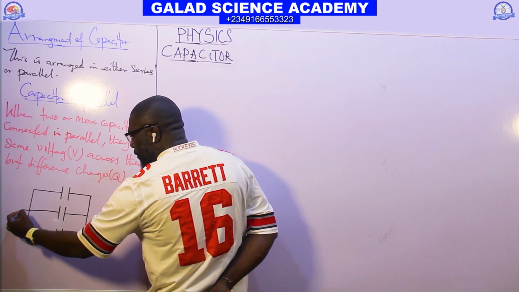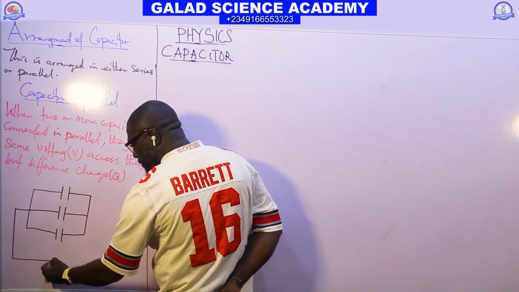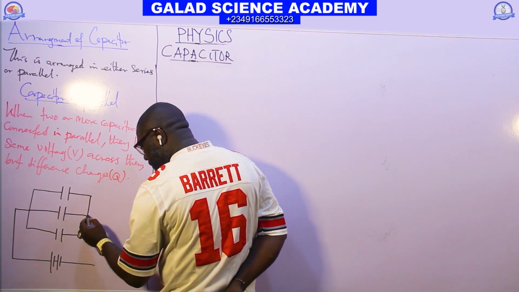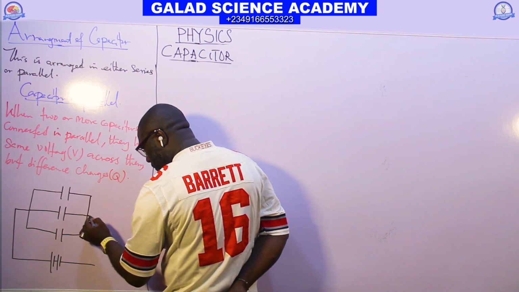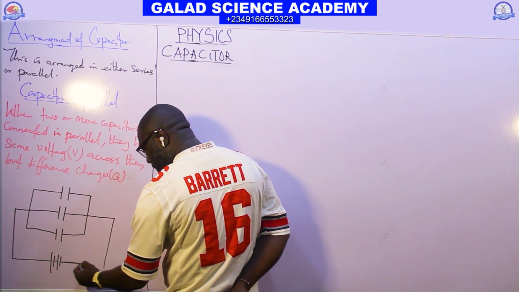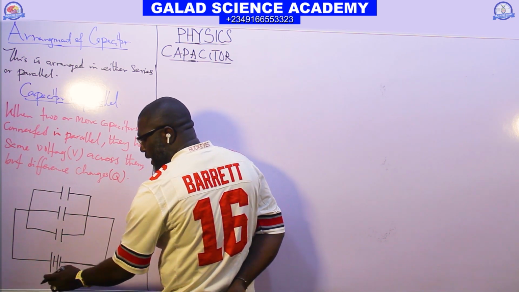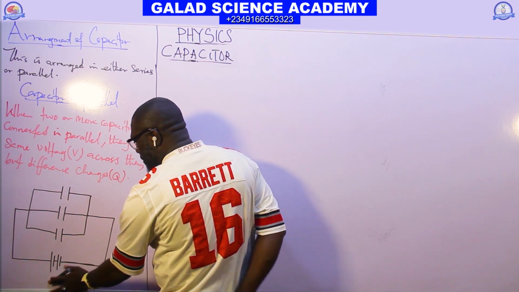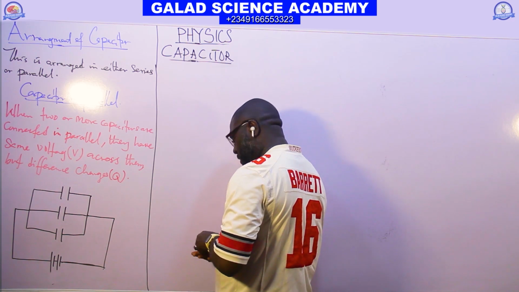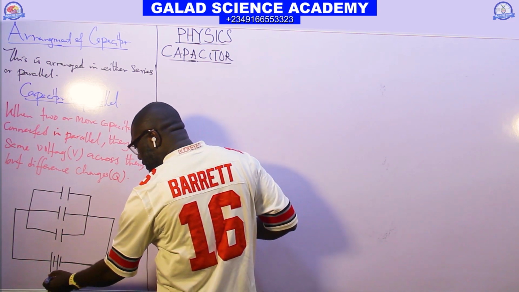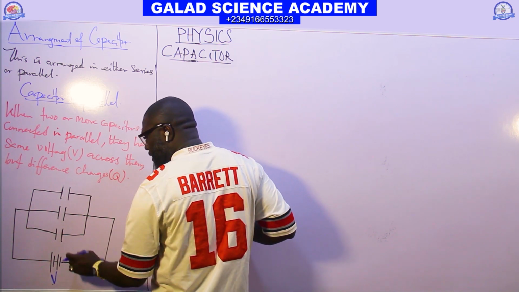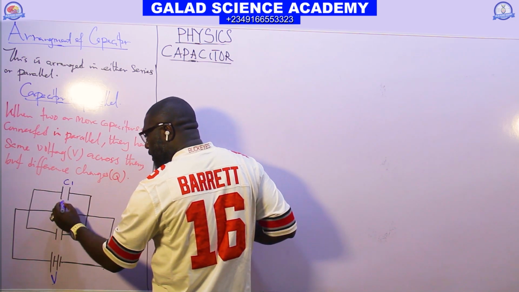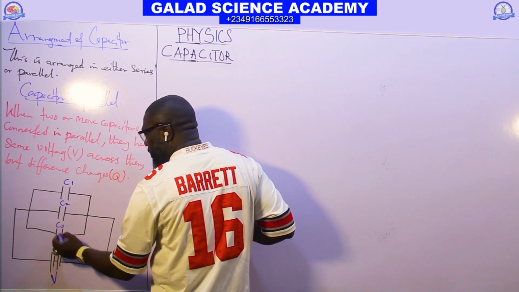They will now connect with the source, which is the battery. This is the battery, and this battery has potential difference V. Let me use another marker for that one. This is C1, this is capacitor 2, this is capacitor 3.